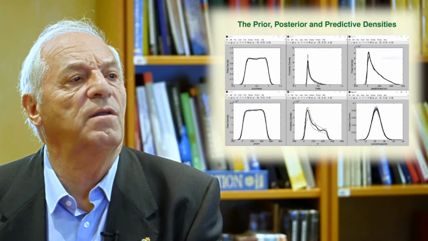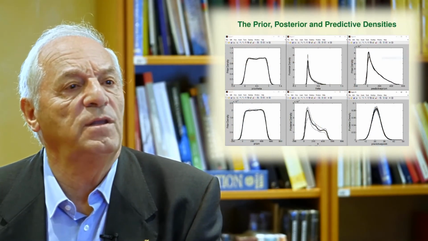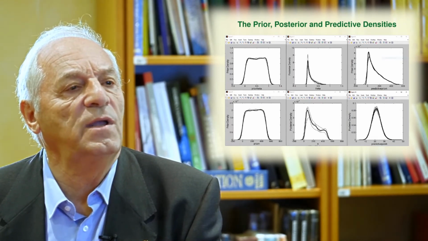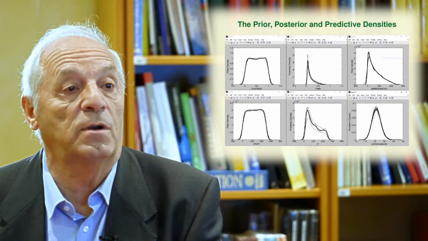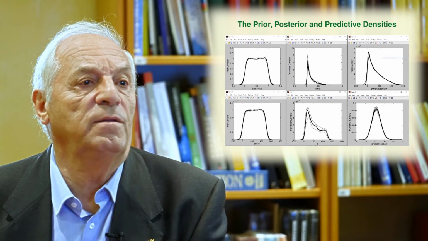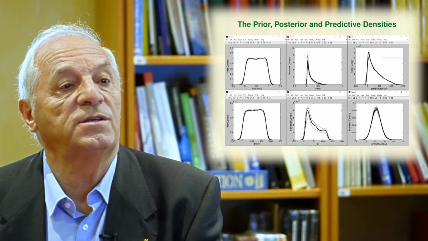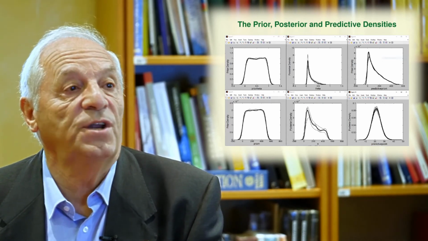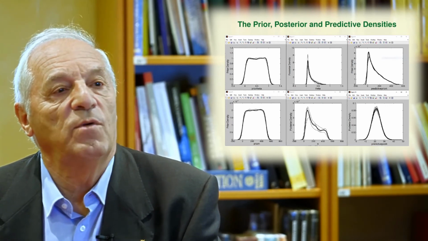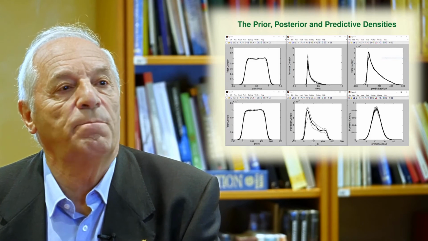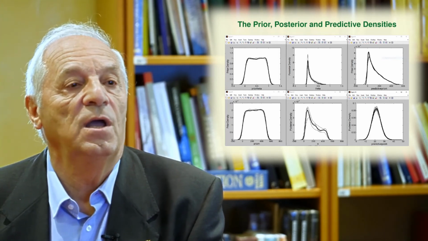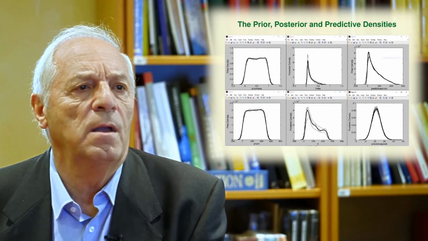You can see here the prior, posterior, and predictive densities, and it is interesting to see that we can answer with densities, and we can work with densities. For example, the prior predictive density is very strange because we have no idea about the sample size, and we have assumed a maximum sample size of 500, and that is why you get this density in the upper right plot.